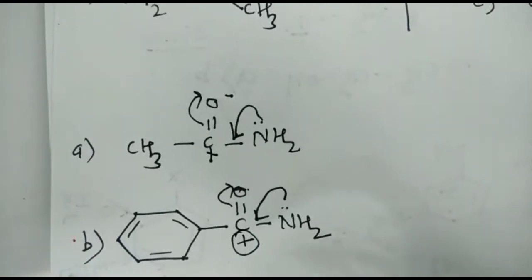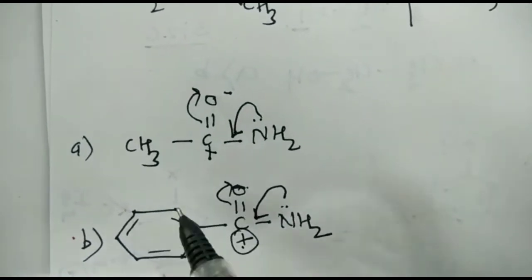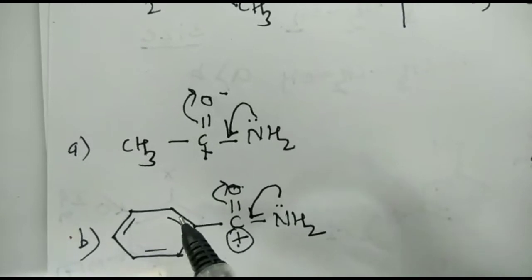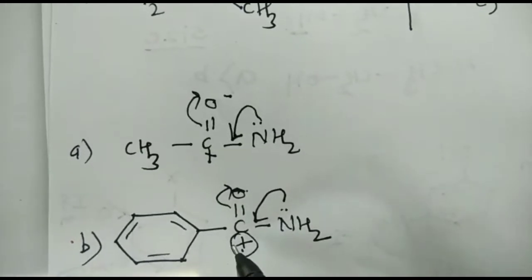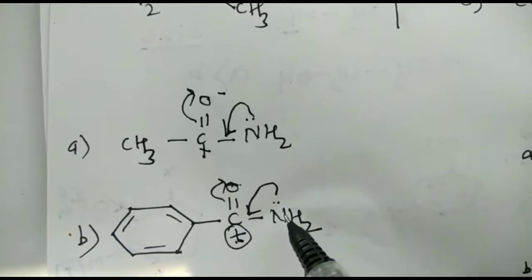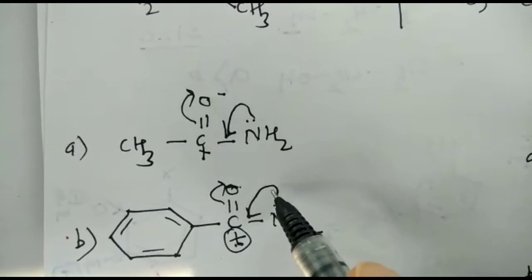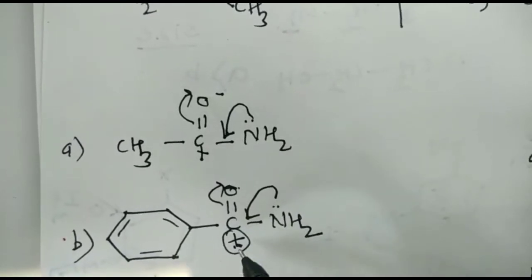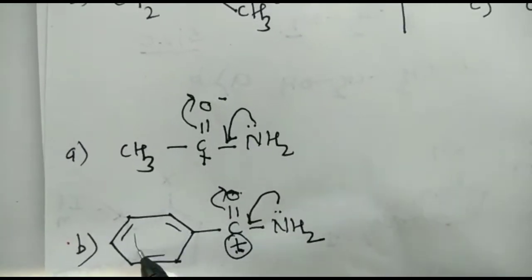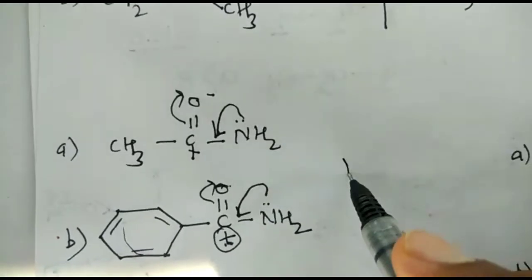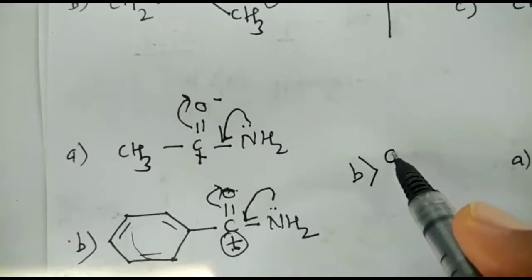But remember that this positive charge is stabilized by benzene through resonating structures, so the positive charge is stable here. That's why this electron pair is more available to donate, because the positive charge can be stabilized by resonance. Hence B is more basic as compared to A.